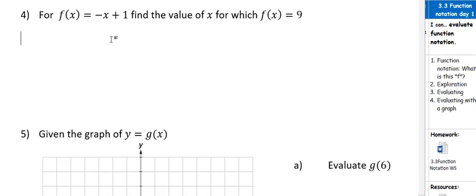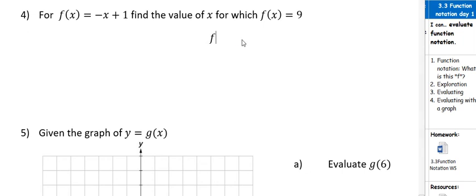For f of x equals negative x plus 1, find the value of x for which f of x equals 9. Again, this one is giving me f of x is 9. So when I write it, I write f of x equals negative x plus 1. And then I say, well, wait a second, f of x is 9.